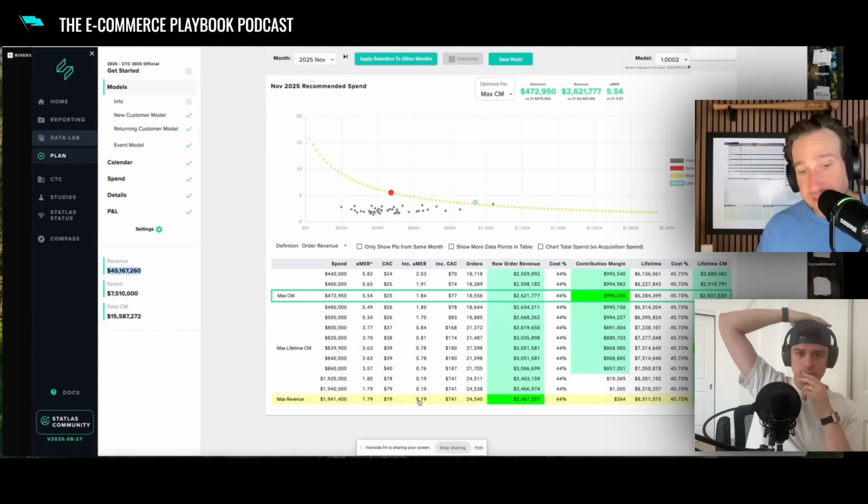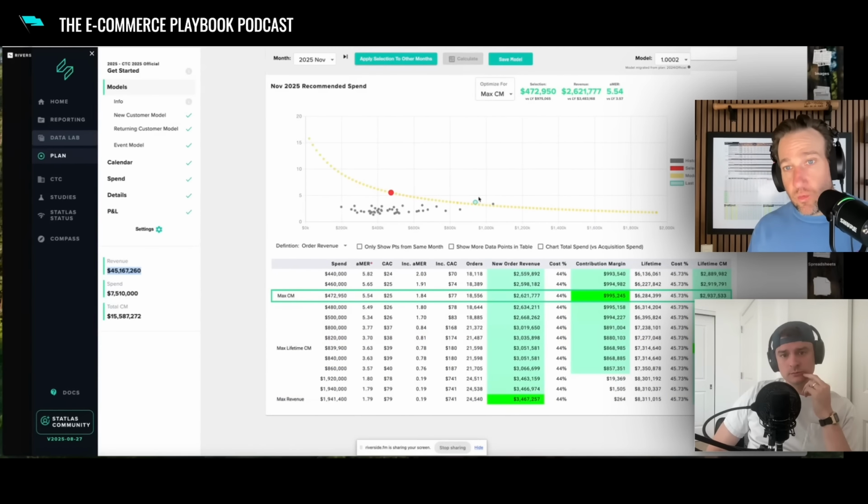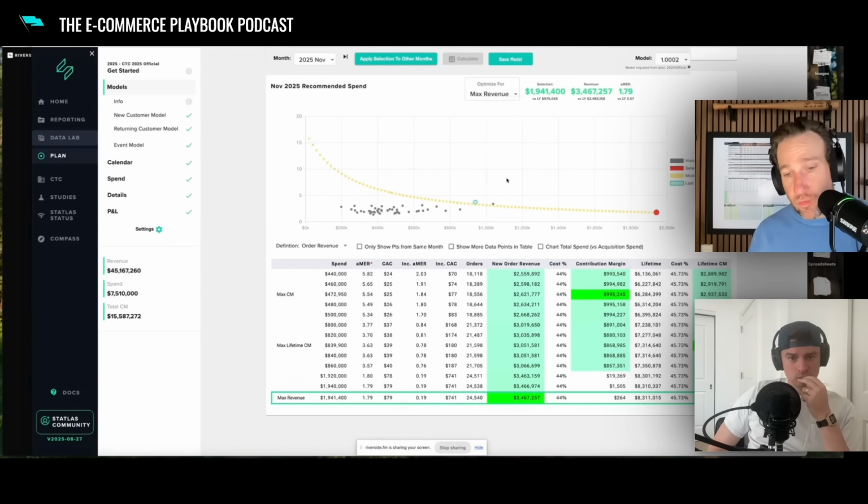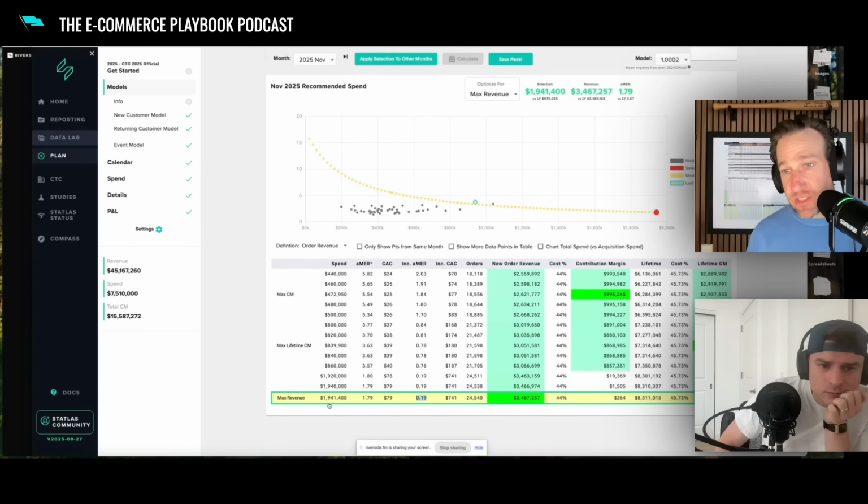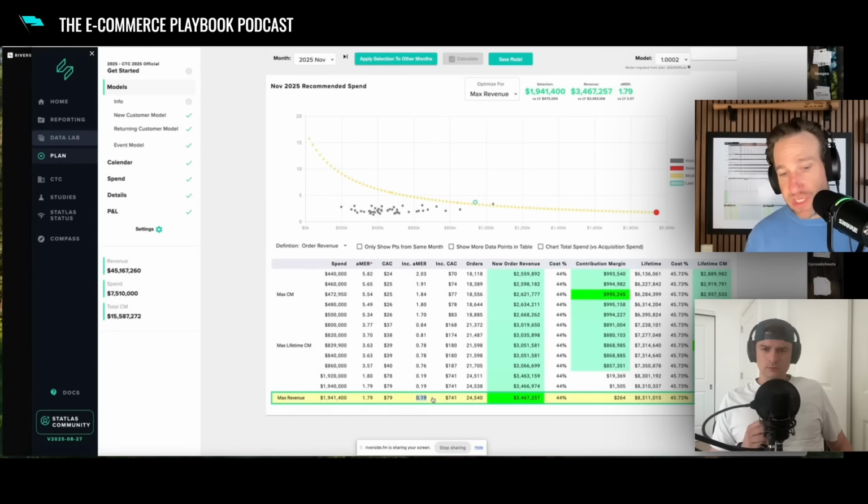You can actually see that this tranche of spend down here is wildly negative in contribution margin. So this is a good question. What we're saying is that at this point, every incremental dollar is generating 20 cents. Right.